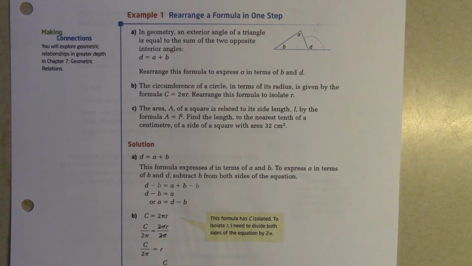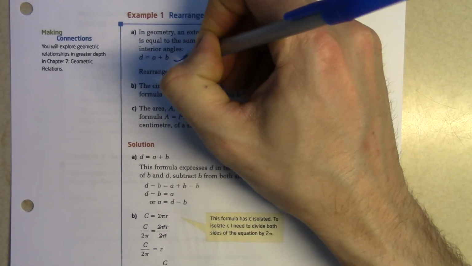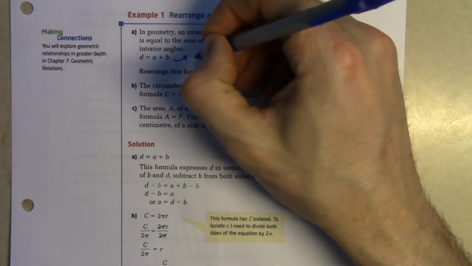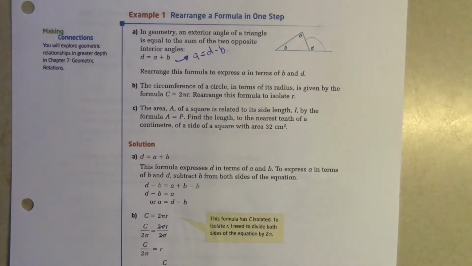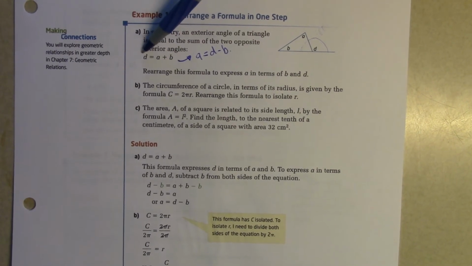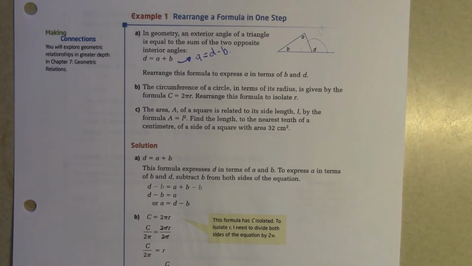It says rearrange this formula to express A in terms of B and D. So how would I rearrange this to express A in terms of B and D? Alvin. A equals D minus B. Good. Even though A was on the right-hand side, and if you move B over, it would be D minus B, I can then just switch them because it's an equality.